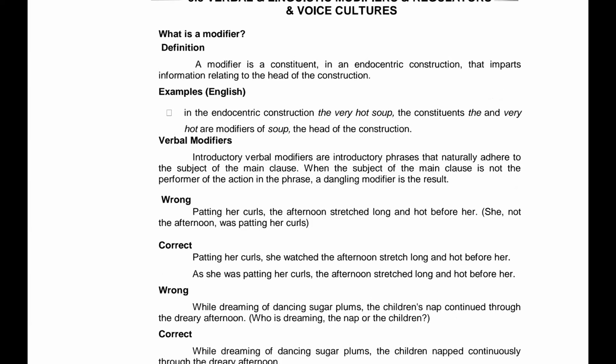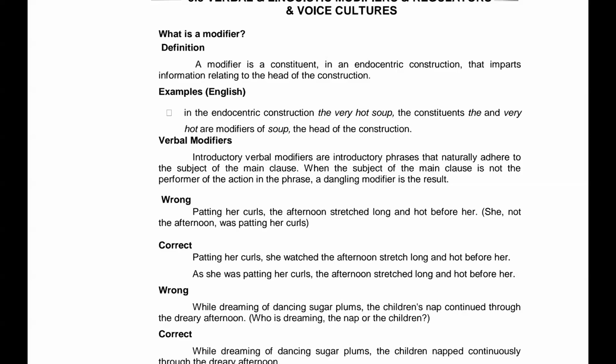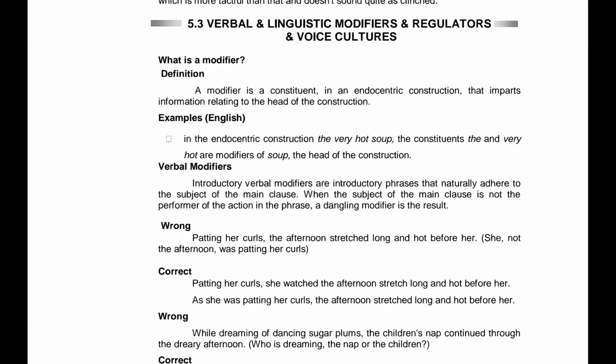A modifier is a constituent. So a modifier is a constituent in an endocentric construction that imparts information relating to the head of the construction.